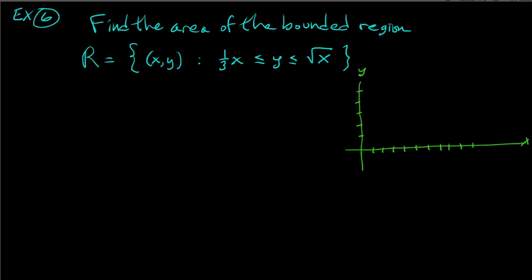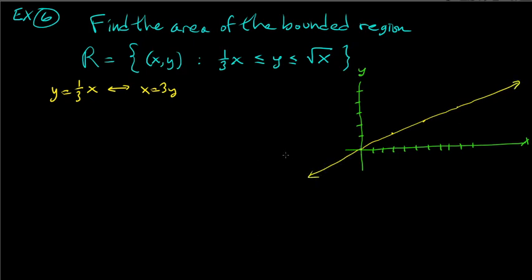Okay. So let's start with the lower boundary here, right? The lower boundary is y equals 1/3 x. Or if you prefer, x equals 3y, either way. So just draw that line, right? It's just a straight line. Or I'll try to make it straight.